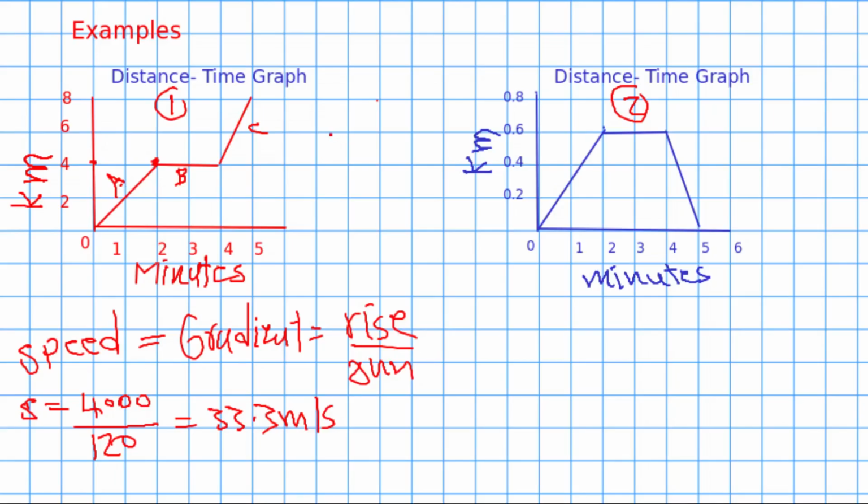So let us go to section B. In section B, we said before, and if you did not watch the previous parts, we said that a horizontal line in a distance time graph, pay attention, means the object is stationary, or stopped moving, or fixed.